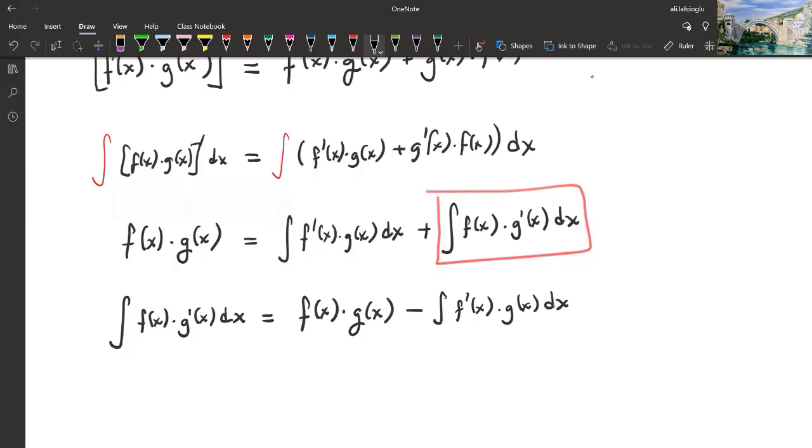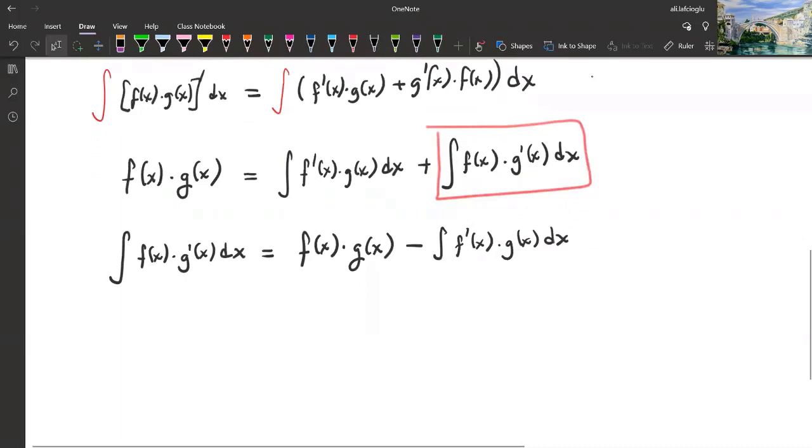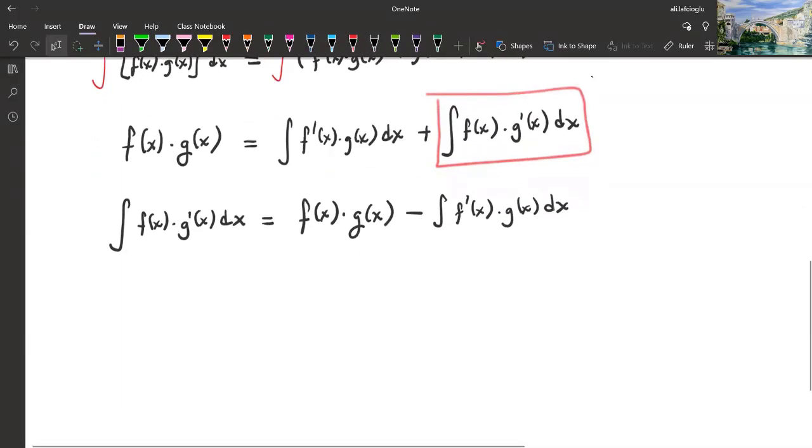This expression is known as the integration by parts method. I want to make it a little bit simpler. How? I will use nicknames or parameters, u and v. Let's say this one is the f of x term. I will call this one u, and the second one is dv.